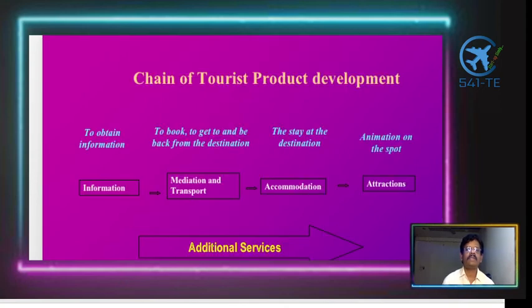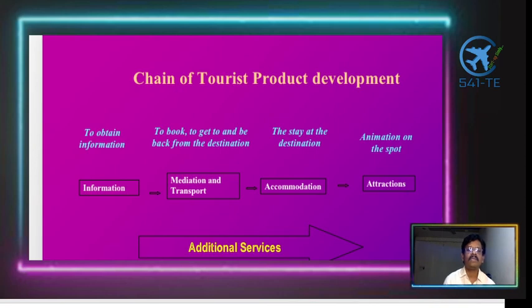If you look at the chain of tourist product development, it starts with obtaining information about various destination-related knowledge, transportation-related knowledge, and services-related knowledge, and then booking, to get to and back from the destination, like mediation and transportation.